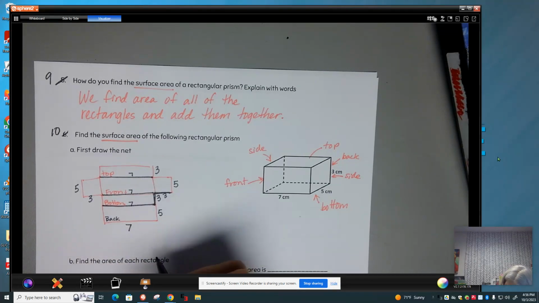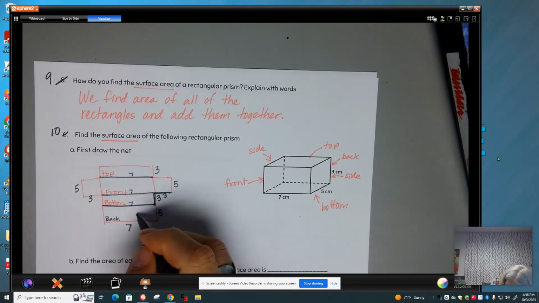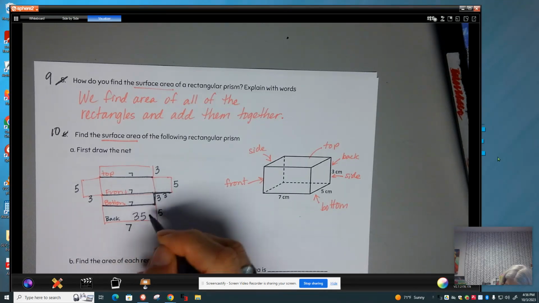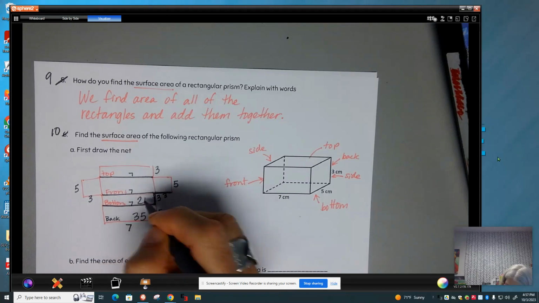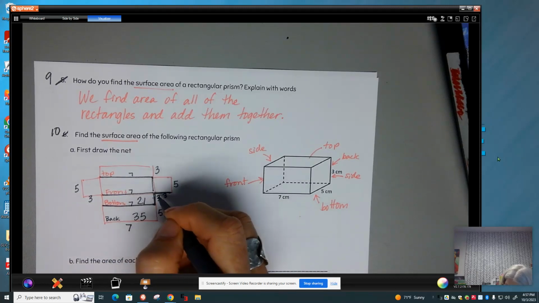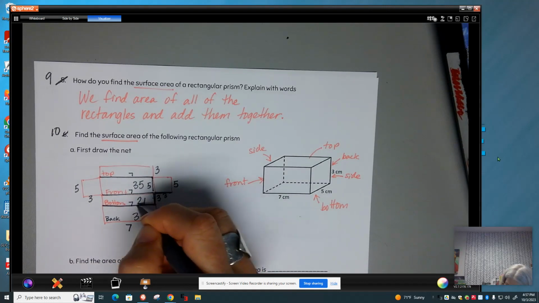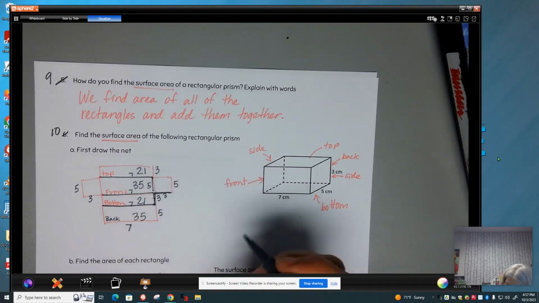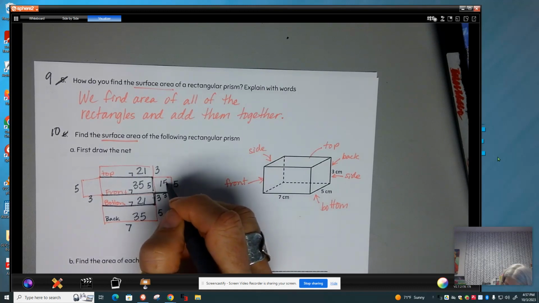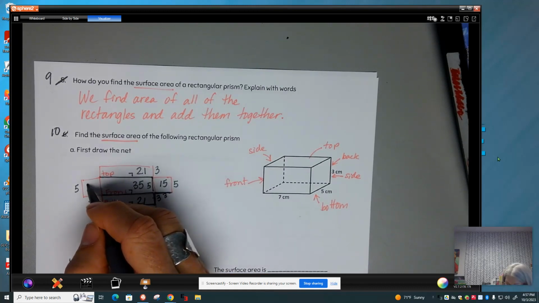So seven times 5 is 35. 7 times 3 is 21. If that's a 5, that's a 5. 7 times 5 is 35. 7 times 3 is 21. 3 times 5 is 15. 3 times 5 is 15.